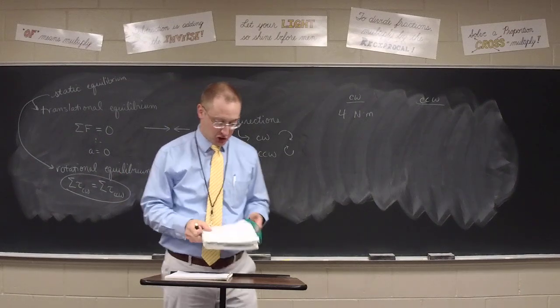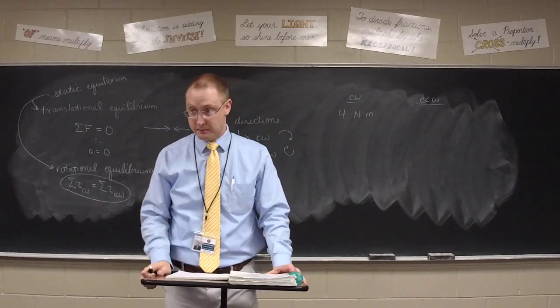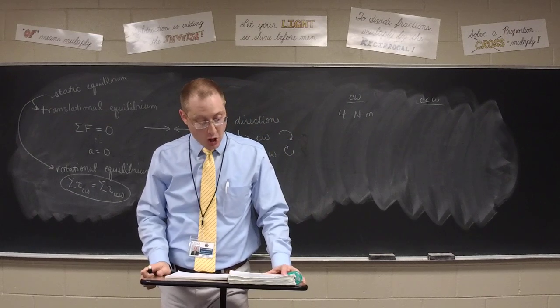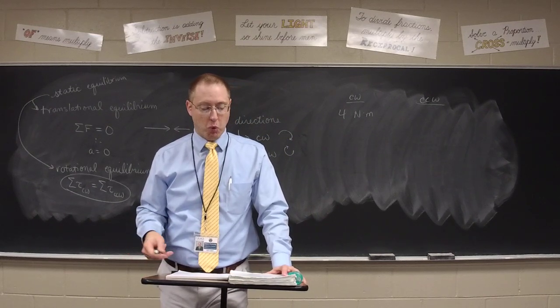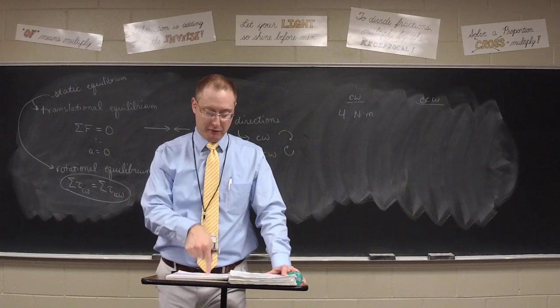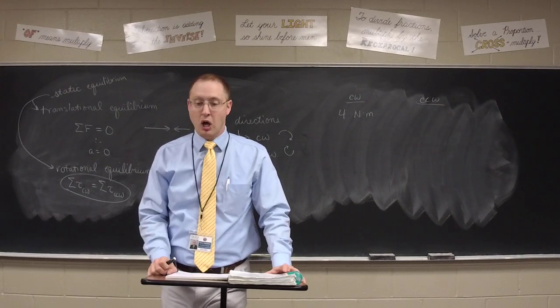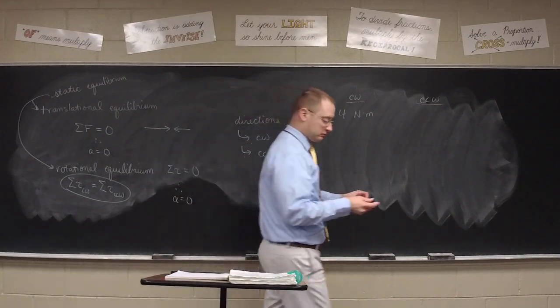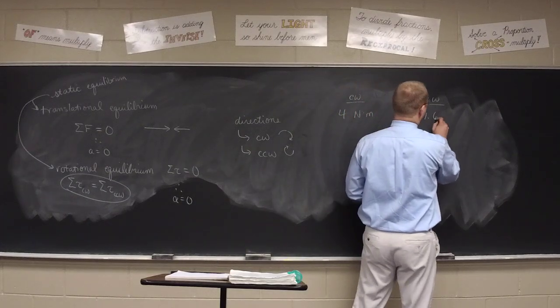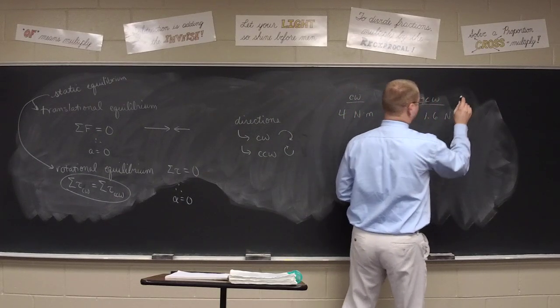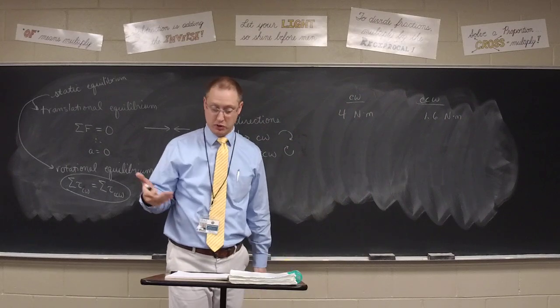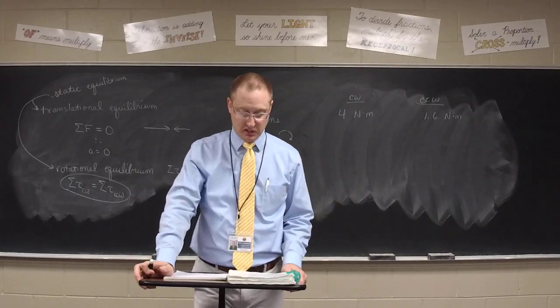Look at the next force. It's a 2 Newton force. What's its radius? 0.8 meters. So what is the torque produced by that force? 1.6. In which direction? Counterclockwise. So there's 1.6 Newton meters acting counterclockwise from the second torque. The next force we see is 6 newtons.